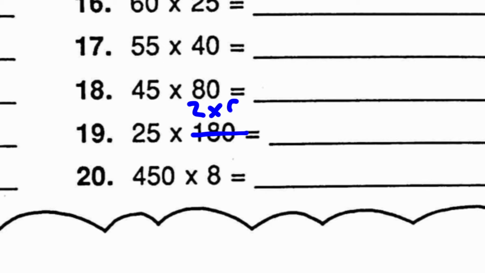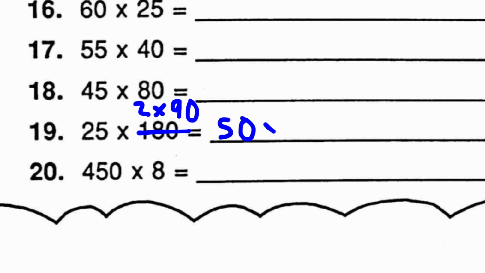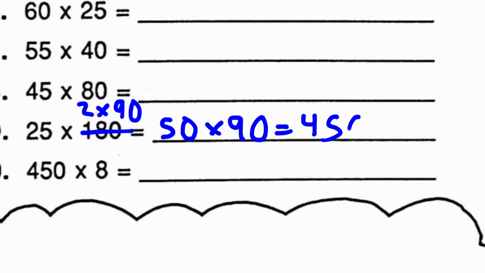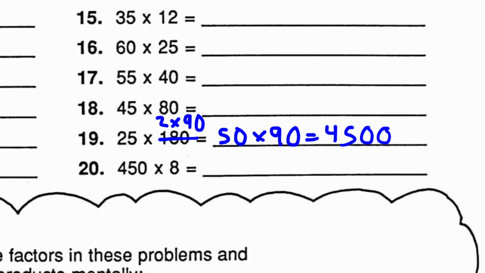I'm wondering if that would help me. Okay, 2 times 90. Well, I could now do 2 times 25 is 50. And I would be left with now 50 times 90. And I think that's pretty reasonable. 4 times 5 times 9 is 45. Tack on 2 zeros for 4,500.